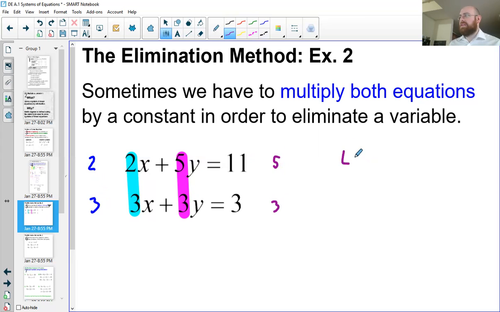So the least common multiple is the smallest number that can be divided by each factor.